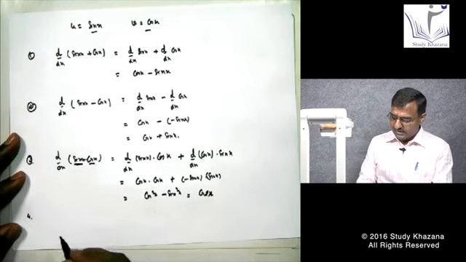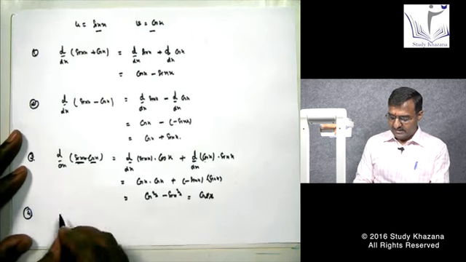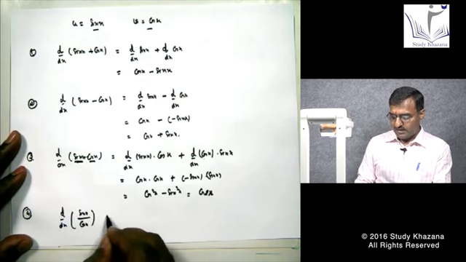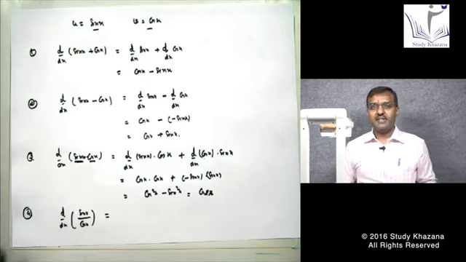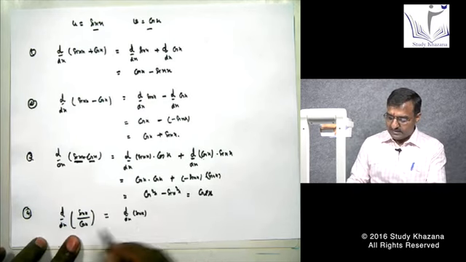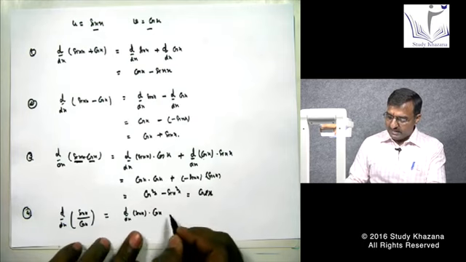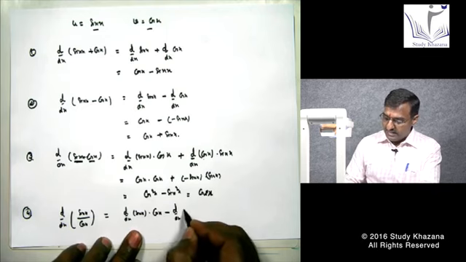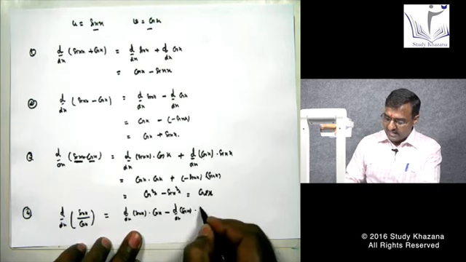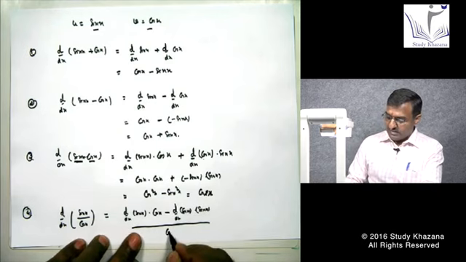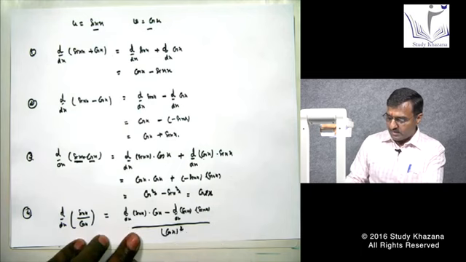Now the fourth example is the quotient. We will find d by dx of sin x by cos x. How will we approach here? First you have to find d by dx of sin x. Now this is multiplied by cos x. Now here comes the negative sign. Now what is d by dx of cos x? And sin x will remain as it is, divided by the square of the denominator.